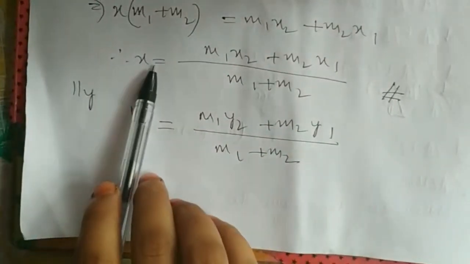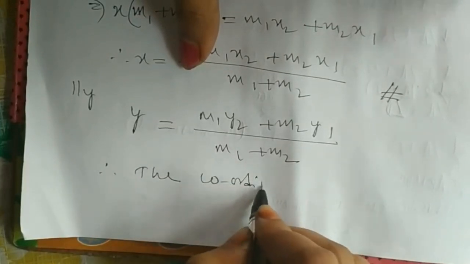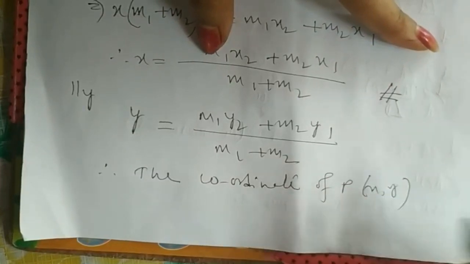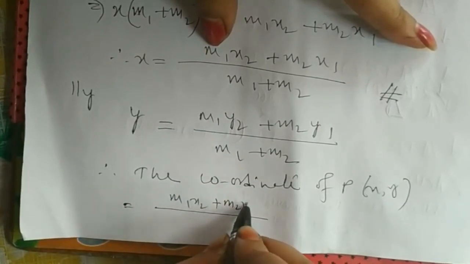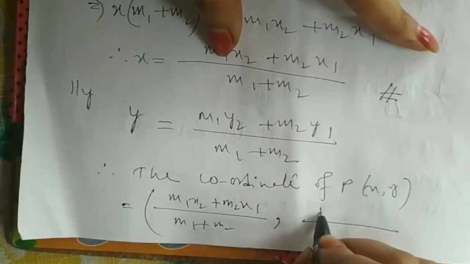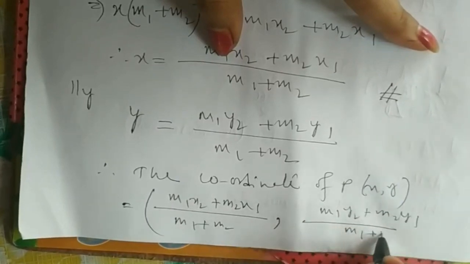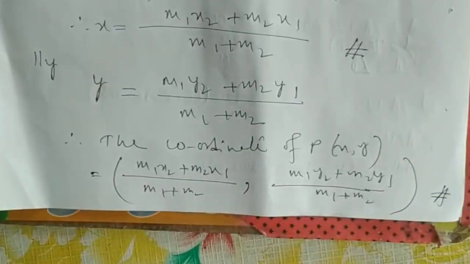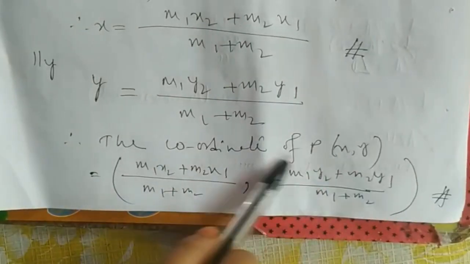So the coordinate of P is X comma Y, that is M1 X2 plus M2 X1 by M1 plus M2, comma M1 Y2 plus M2 Y1 by M1 plus M2. So this is the coordinate of P. This is the section formula.